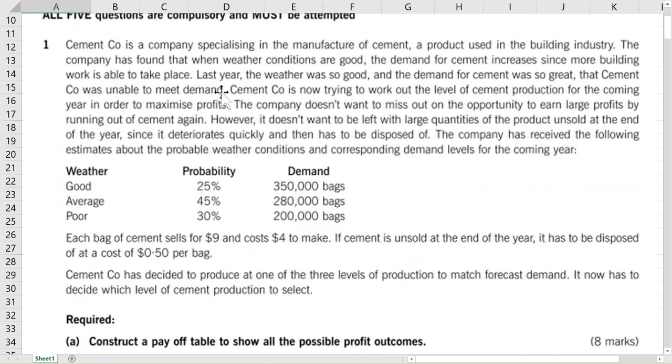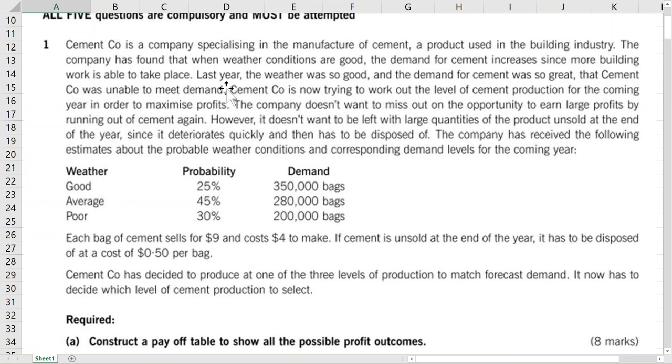Cementco is a company specializing in manufacturing of cement, a product used in the building industry. The company has found that when weather conditions are good, demand for cement increases since more building work is able to take place. Last year, the weather was so good and demand for cement was so great that Cementco was unable to meet demand.